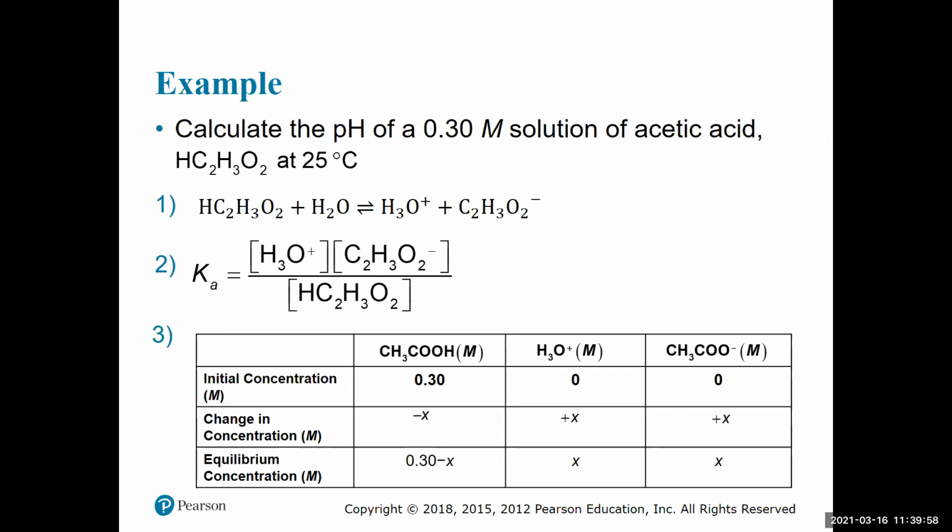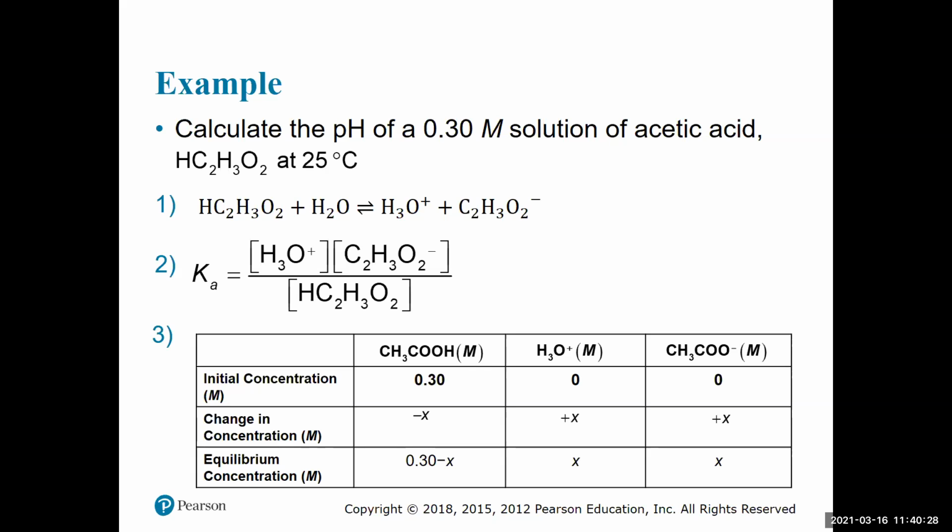So let's do an example of what I'm talking about. Here we have 0.3 molar acetic acid, and we want to calculate the pH. So here's our acetic acid dissociation reaction: acetic acid plus water, giving us hydronium ion plus acetate ion. We write our expression: H3O+ times acetate divided by acetic acid.